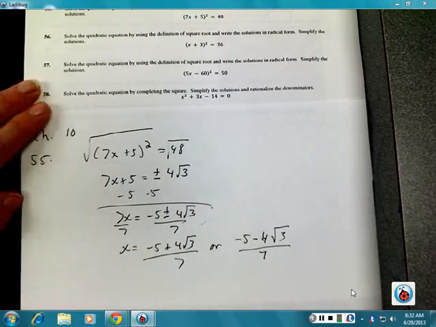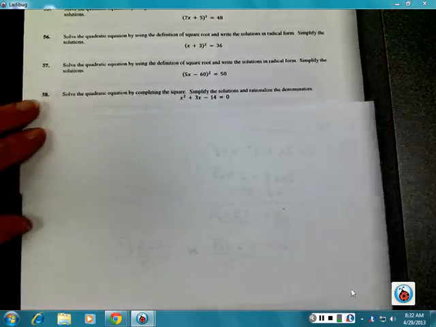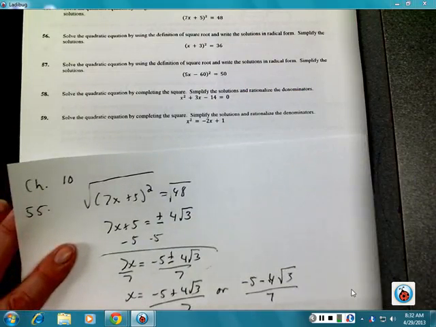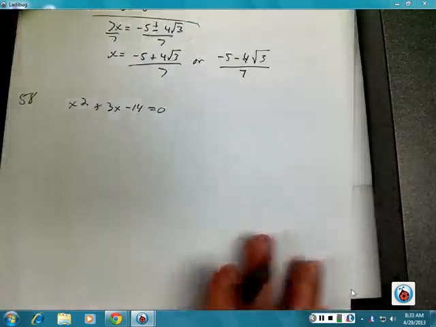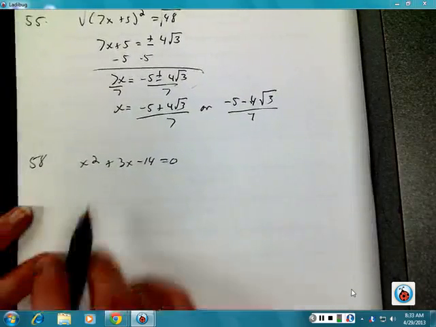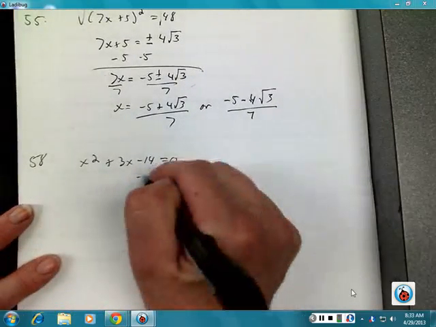All right, so on 58, I'll write it down here. 58 is x squared plus 3x minus 14 is equal to 0. So we have to complete the square, so that means I need to get this stuff by itself and get the 14 on the other side, so add 14.